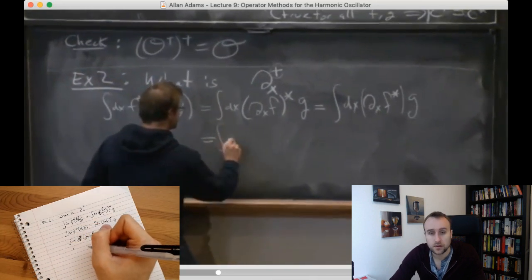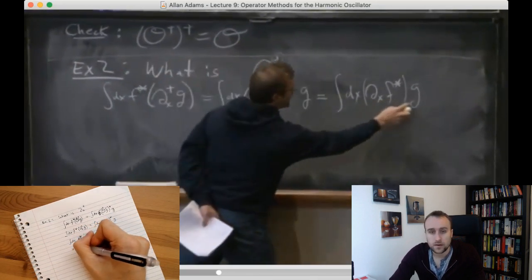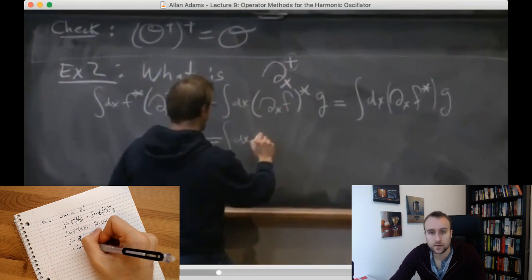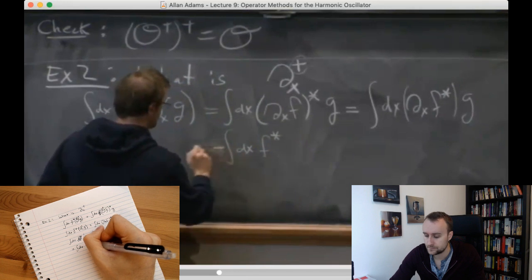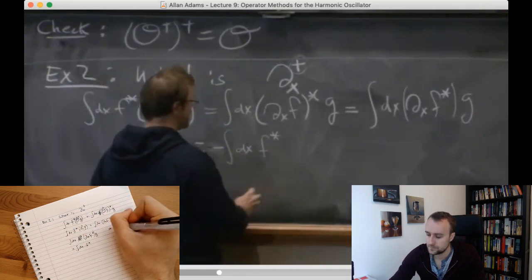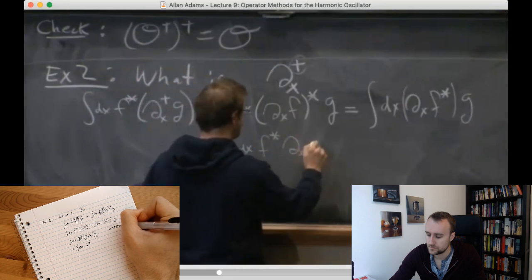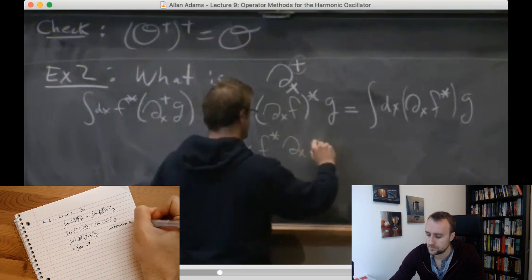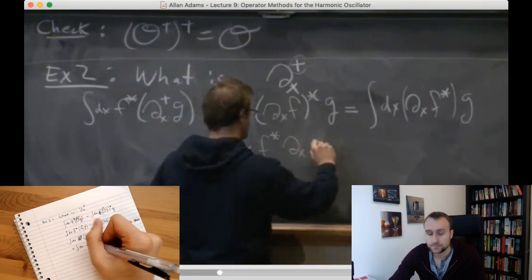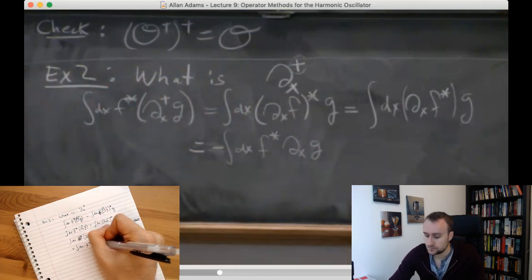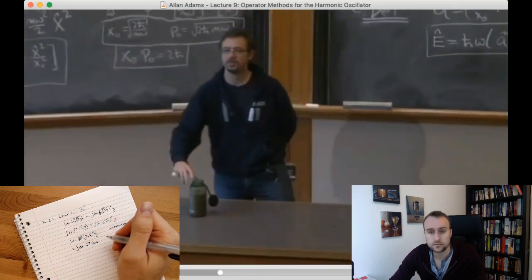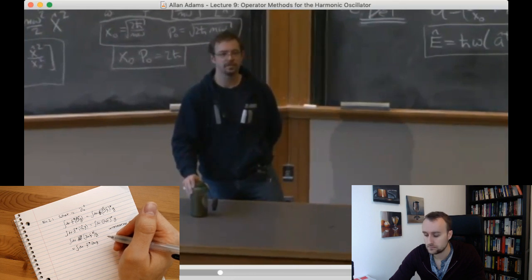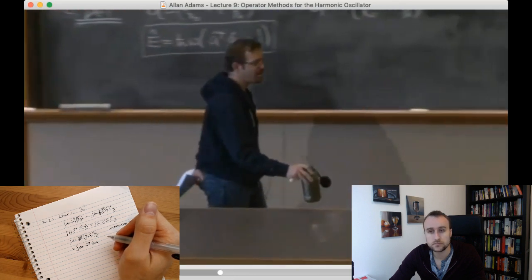So this is equal to the integral dx. When I integrate by parts, I get an f complex conjugate, and then an overall minus sign from the integration by parts, minus f complex conjugate dx g. Was I telling you the truth or did I lie to you? Okay, keep thinking about that.